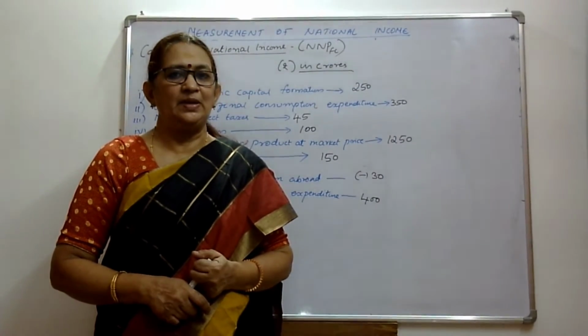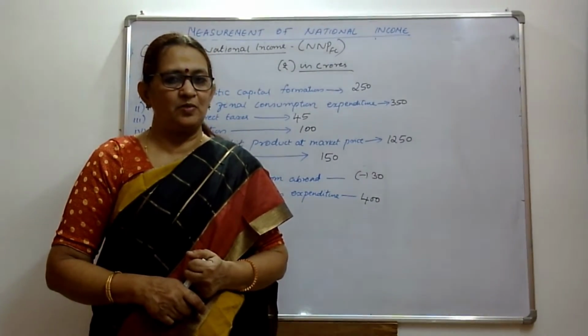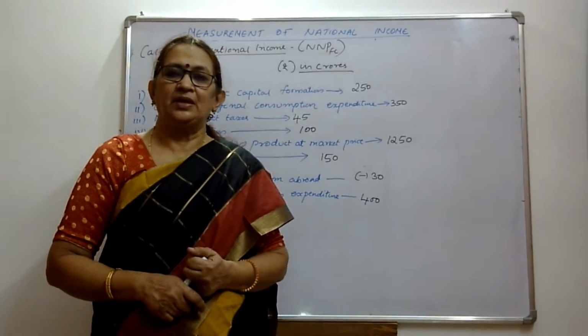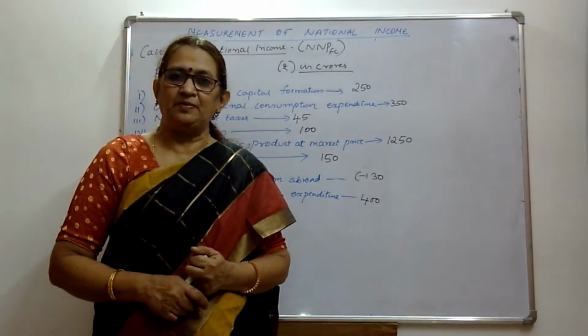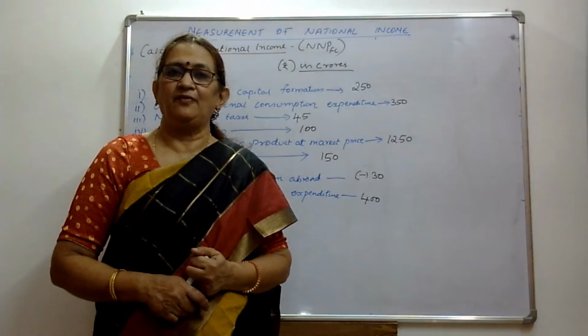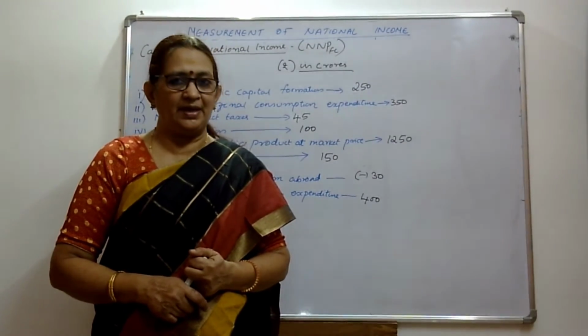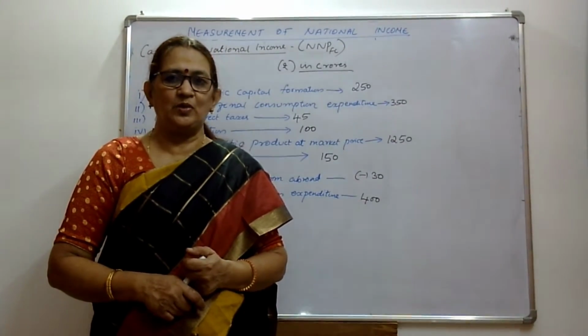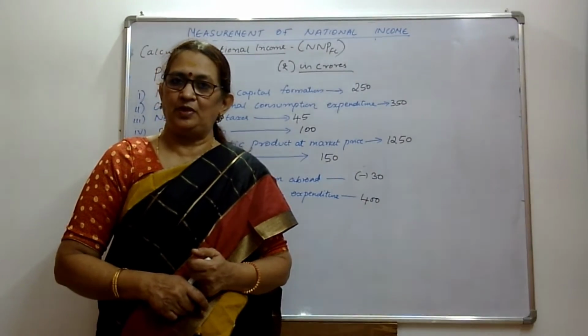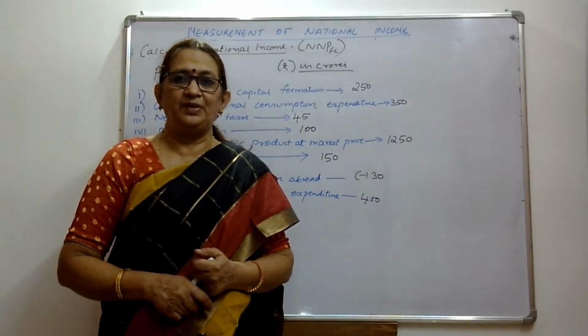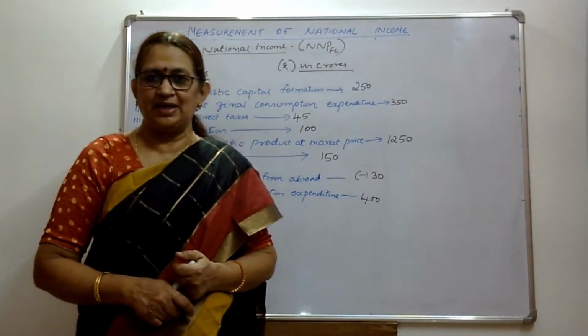Once more I am reminding, in order to arrive at GDP at market price, we have to add the final expenditure incurred by government sector, household sector, investment sector, that is firms, and also the value of net export.